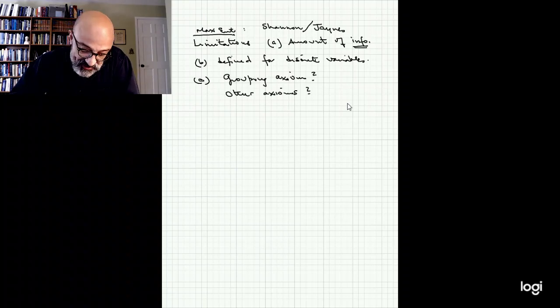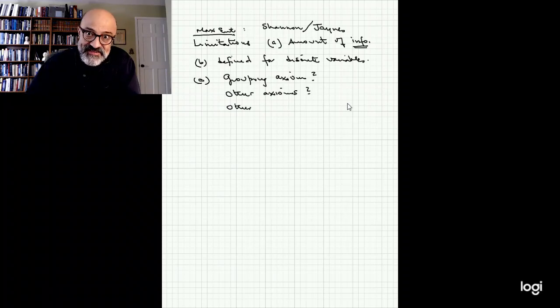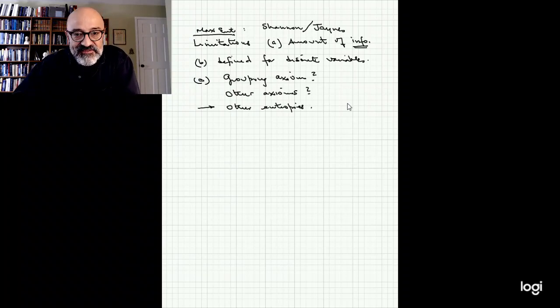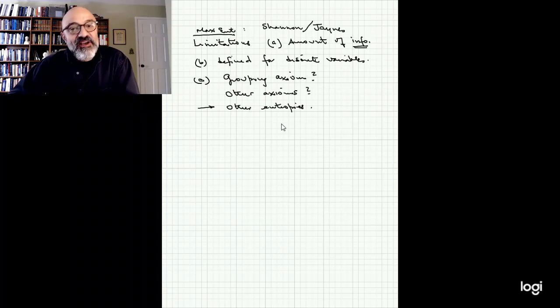Well, it turns out that other people have asked exactly the same questions and have come up with other entropies. So now, if you're going to try to do inference, if you're going to use an entropy as a tool for reasoning with incomplete information, and you have several alternatives, how do you handle this? So you have a problem.